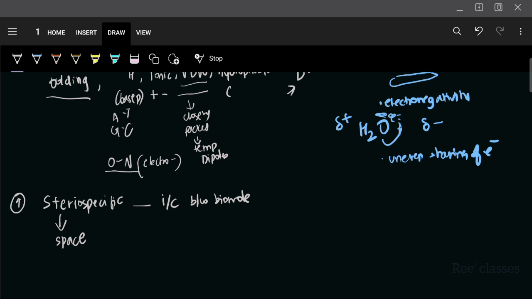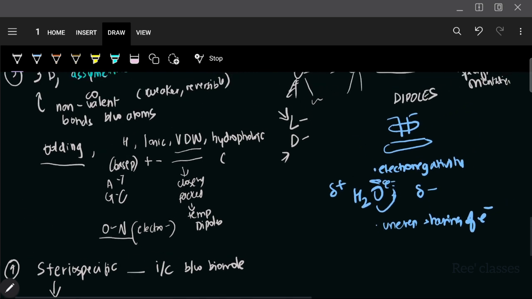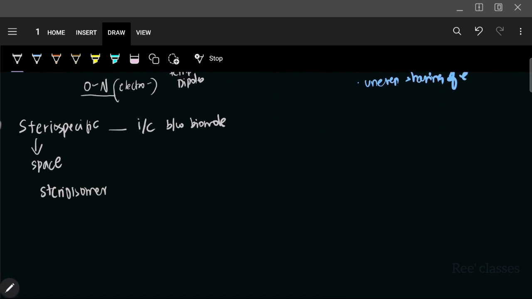So stereo here means that it's going to react to only one version of it. We know stereoisomer. What we were just discussing, L and D, these are isomers of each other, right? So that basically means that a biological process is going to happen only to one specific arrangement of atoms. It is stereospecific, so it will only recognize one kind of stereoisomer, not the other one. So we also understood the importance right before.